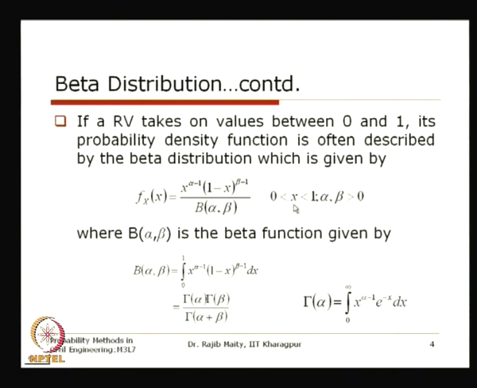Note here that the support of this random variable is from 0 to 1, and both parameters alpha and beta are greater than 0.